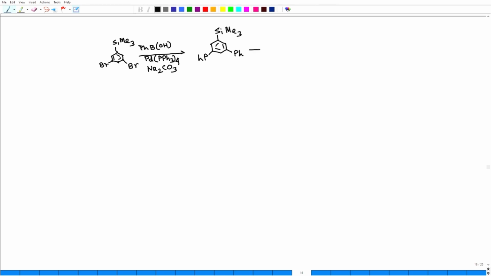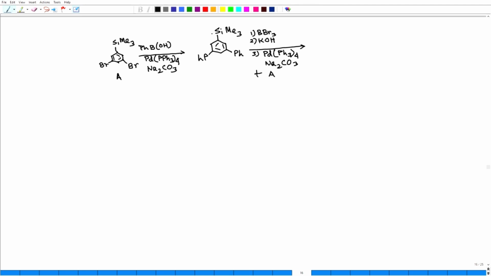Then we react with BBr3, alkaline, and then again add this catalyst, sodium carbonate, and plus we call it A. So, plus A. With this we add A, meaning this part, and then try this.